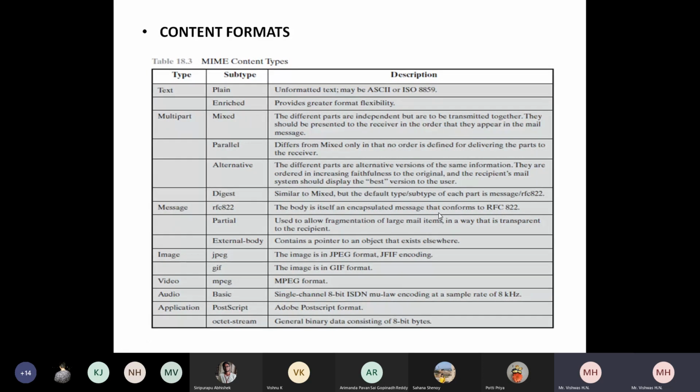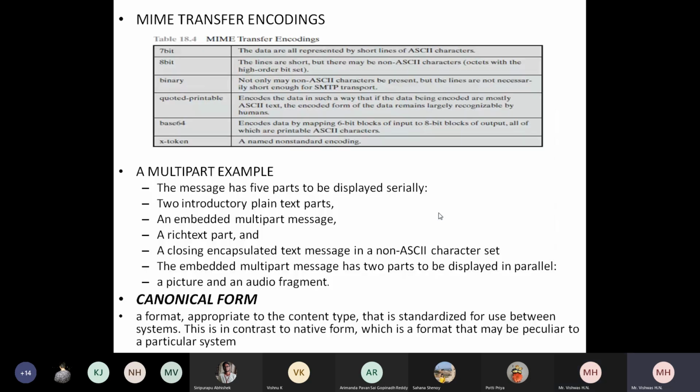Whenever you are free, you can go through it because it is not quite important, but have this information with you. MIME transfer encodings: basically, this also uses base 64. You can see there are 7-bit encoding, 8-bit, binary, quoted printable, and base 64. This is radix 64 actually, students. So this is about the actual MIME.